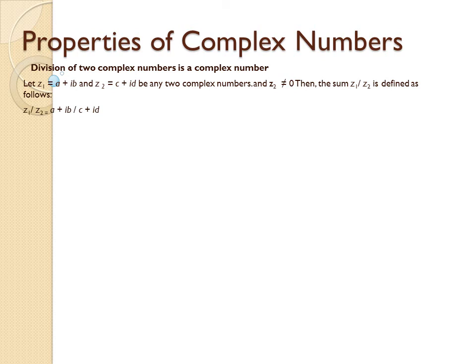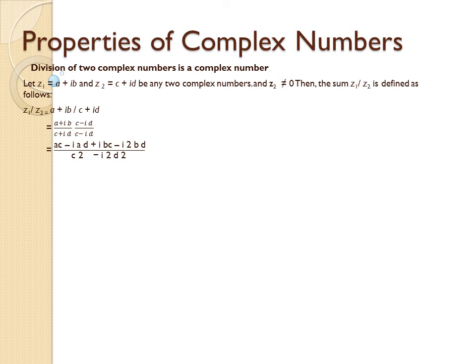Z1 by Z2 equal to (a plus ib) divided by (c plus id). I am multiplying both numerator and denominator by c minus id. Why have I done this? Because I have to prove something, so that is the reason.